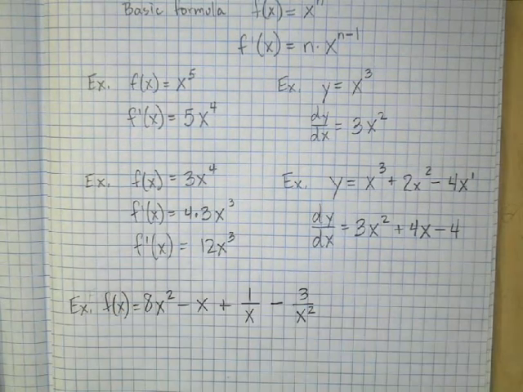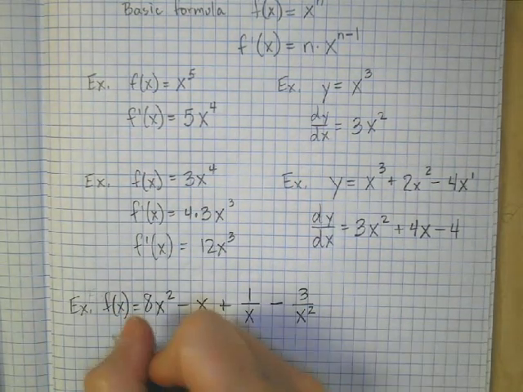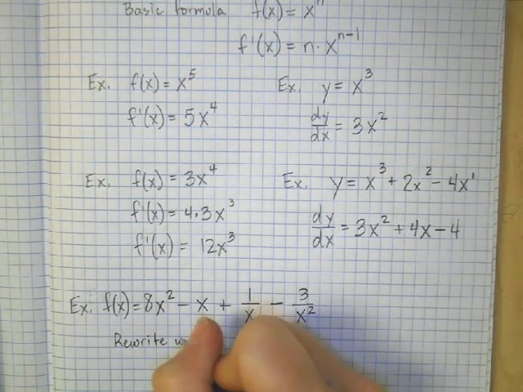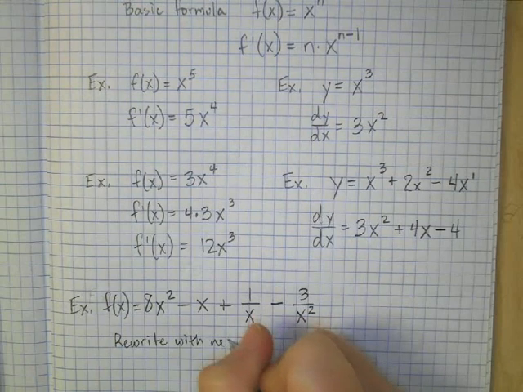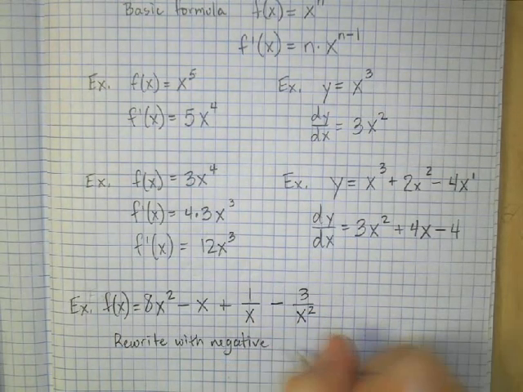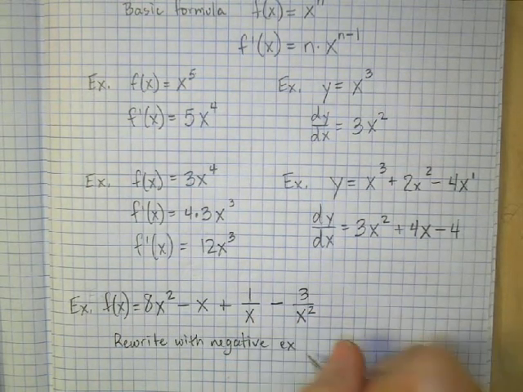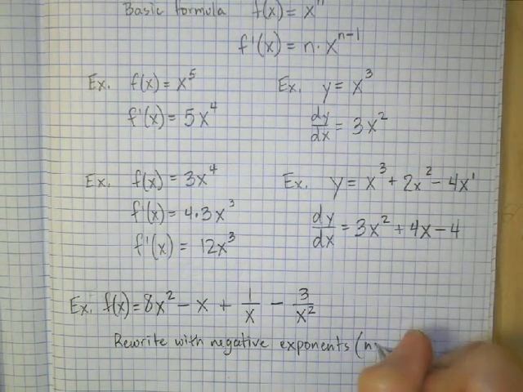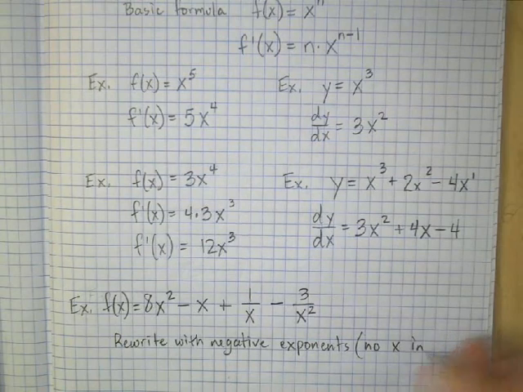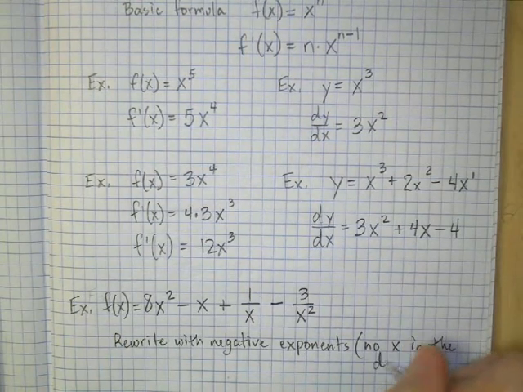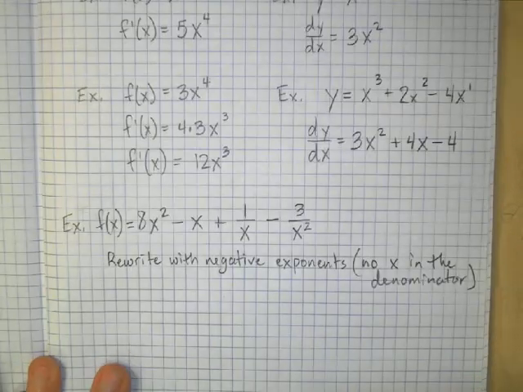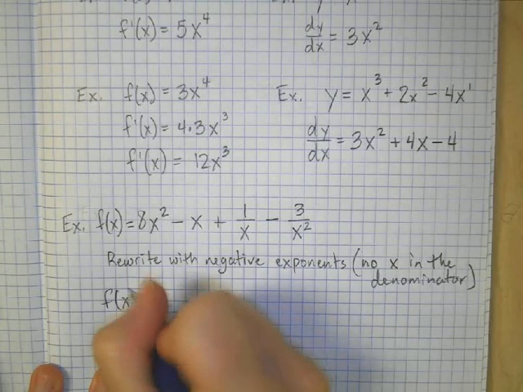Okay, so what I first want to do is rewrite with negative exponents so that I don't have any x's in my denominators. So no x in the denominator. Okay, so I'm going to rewrite it. Still f of x. I haven't started to take the derivative yet.